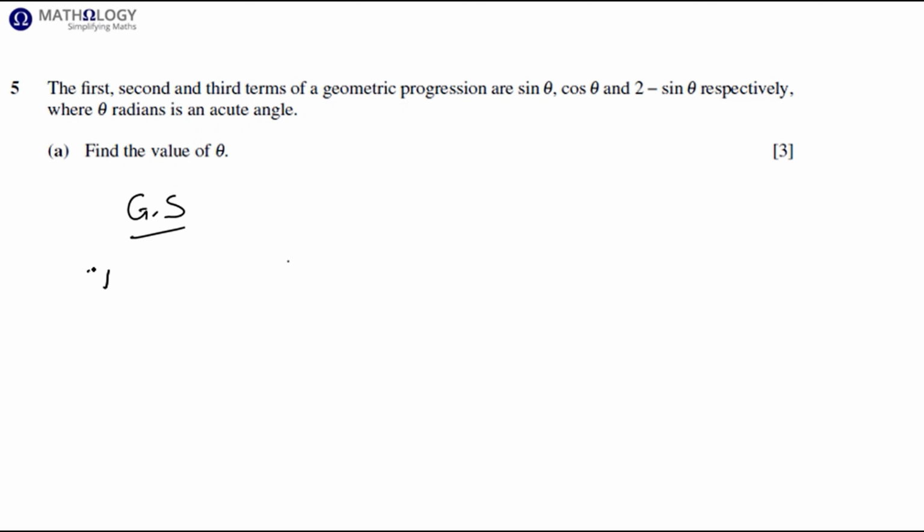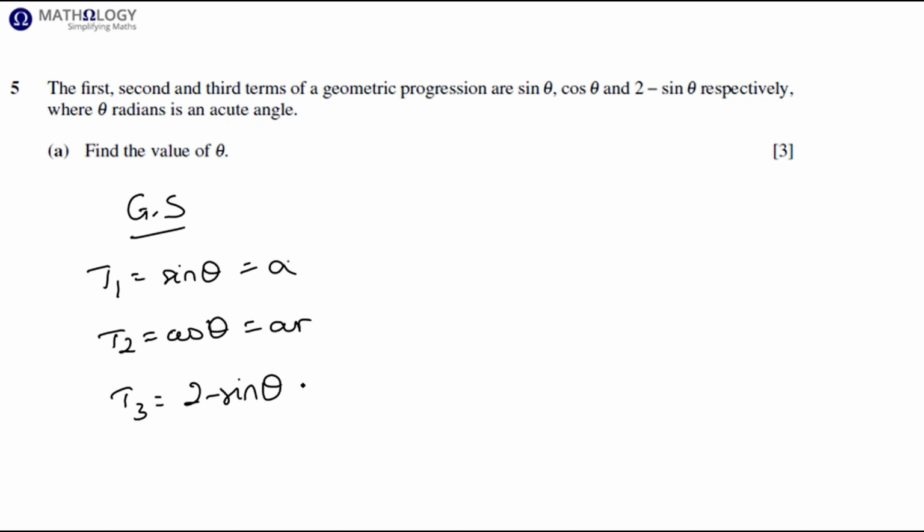The first term is sine theta. The second term is cos theta. And the third term is 2 minus sine theta. So the first term of a GP is A, the second term is AR, and the third term is AR squared.